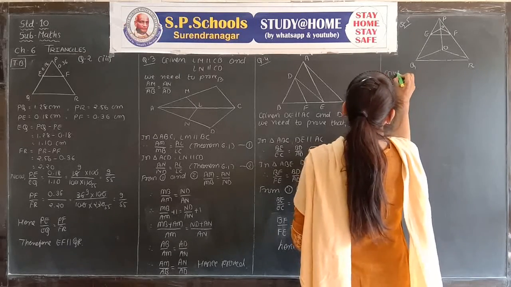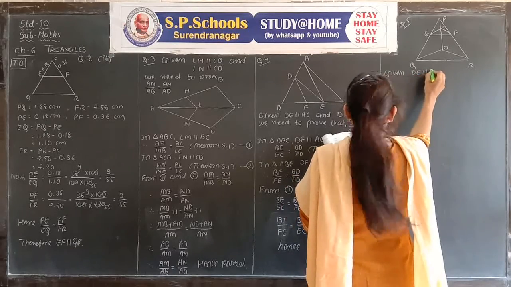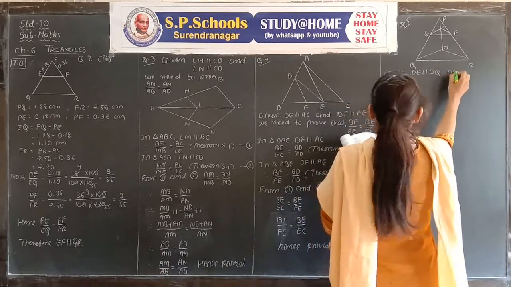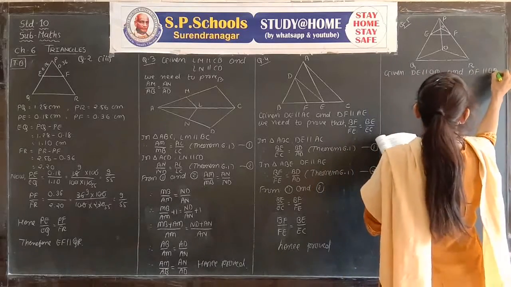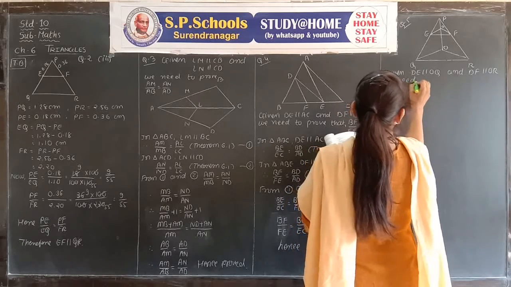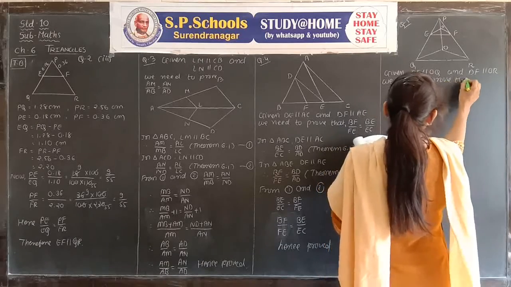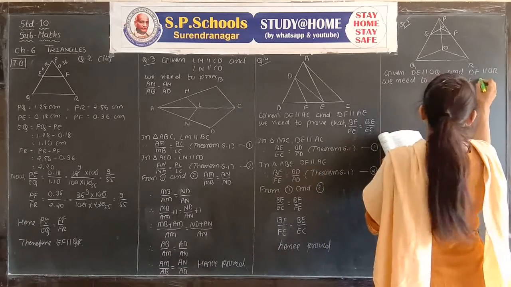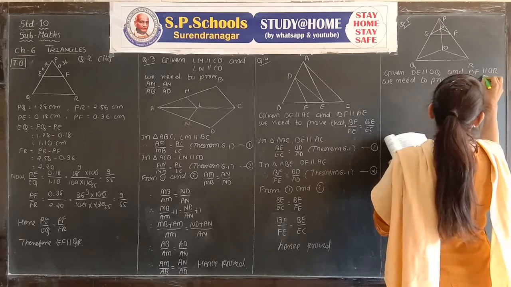Given: DE parallel to OQ and DF parallel to OR. We need to prove that EF is parallel to QR.